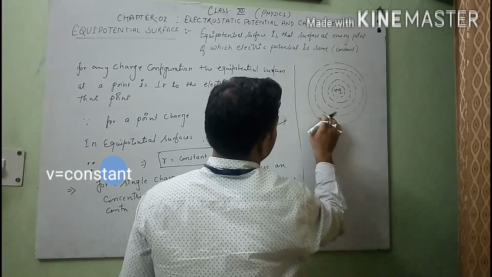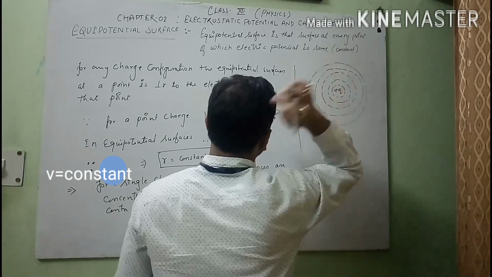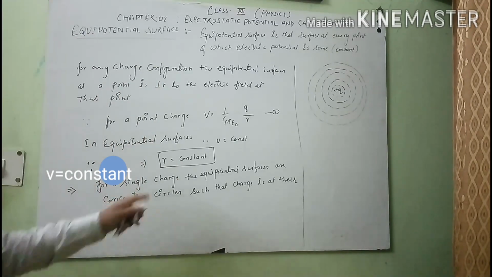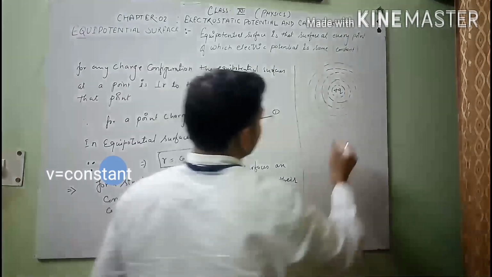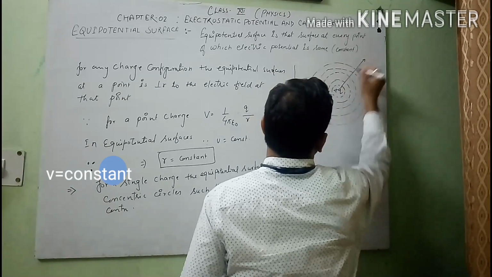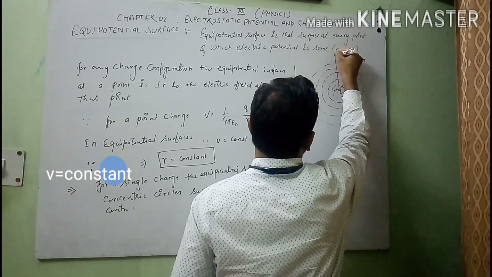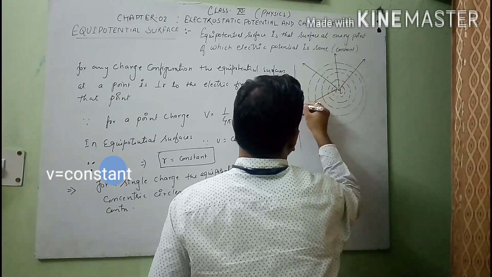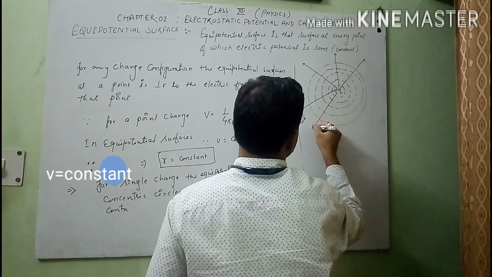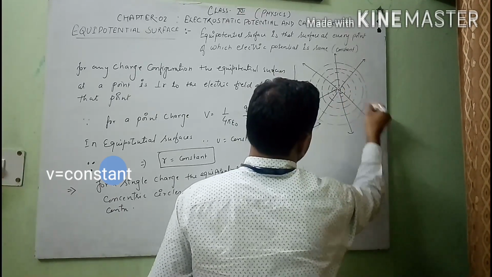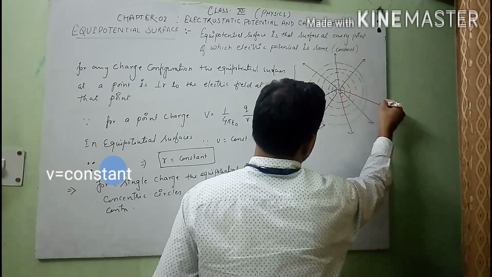So this is the diagram of the equipotential surface around a charge, or the equipotential surface for a single charge. So here if I draw the electric field lines, you will see that the direction of electric field lines is normally perpendicular to that equipotential surface, because E dot dl is equal to 0. That's why.